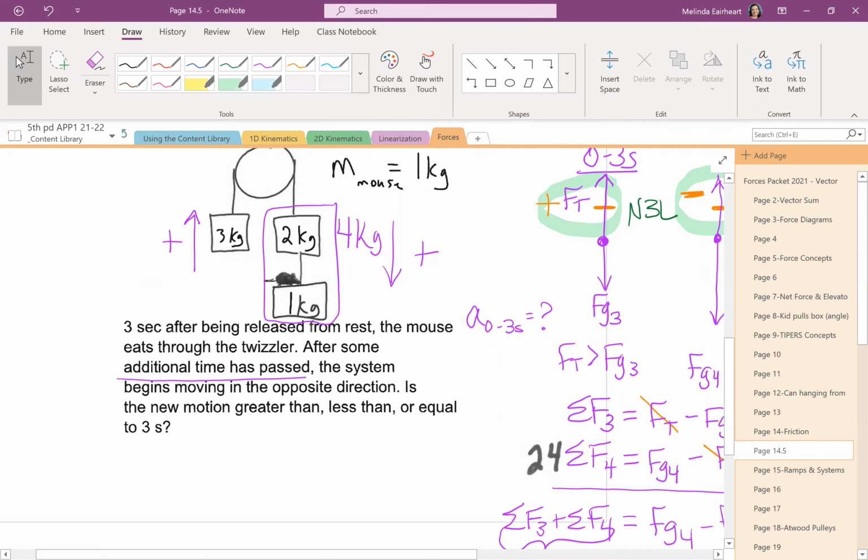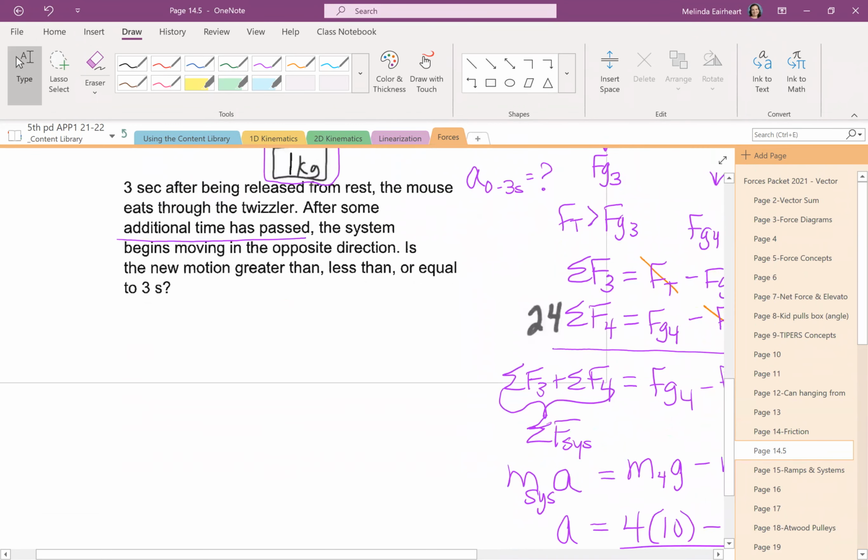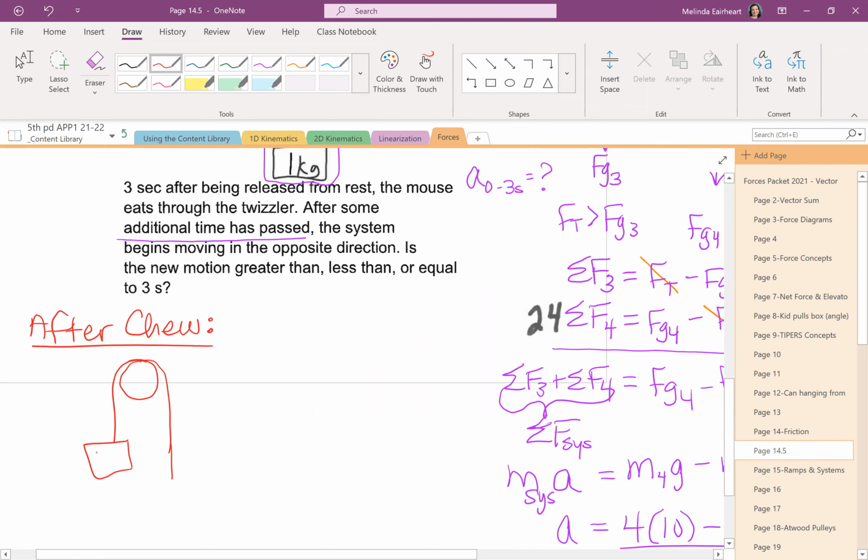And so after you cut through the string, what would it look like? Or the Twizzler, sorry. After the chew, we have a new picture. What would it look like after the chew? Well, we still have 3 kilograms here on the left. What do we have over here on the right? A total of 2.